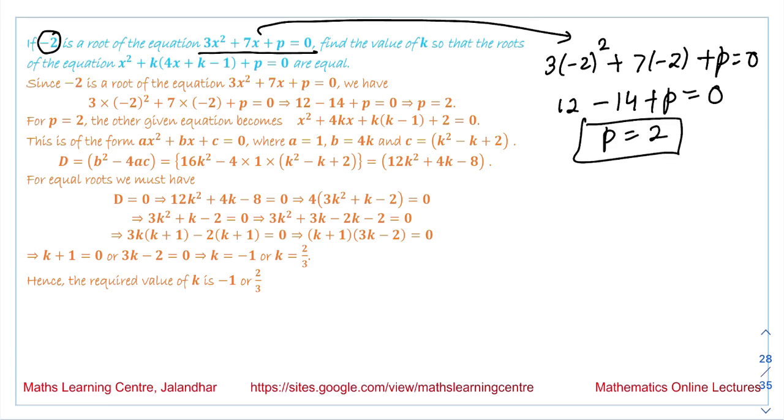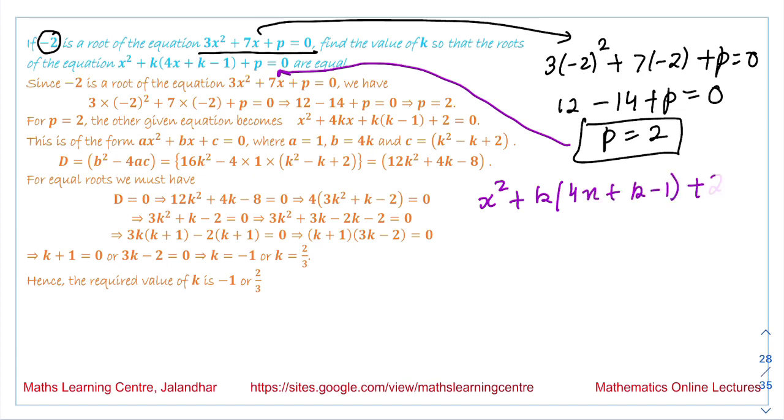Now if we substitute this value of p is equal to 2 in this equation, this becomes x square plus k into 4x plus k minus 1 plus 2 is equal to 0. So it is x square plus 4kx plus k square minus k plus 2 is equal to 0.